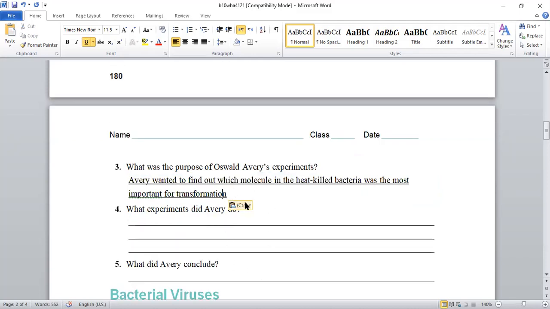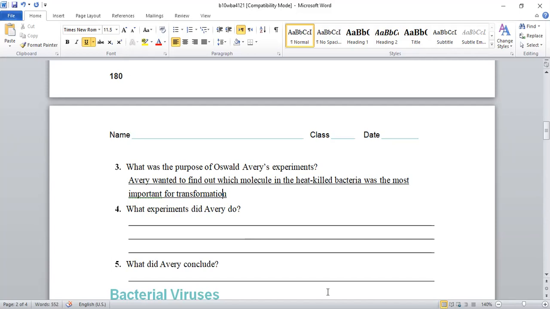What experiments did Avery do? He used enzymes, and the transformation continued to happen, but when he used certain enzymes to break DNA, the transformation didn't happen.